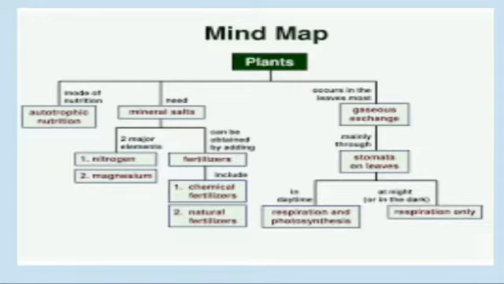After watching this video, you need to draw your own mind map, but do not copy it from somewhere. You can simply make a flow chart of the concepts you got from the lesson. First draw a line and divide it into two parts: one will be plant nutrition and the other will be the mode of nutrition.